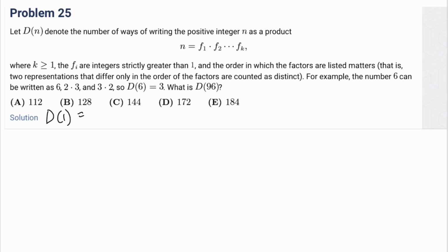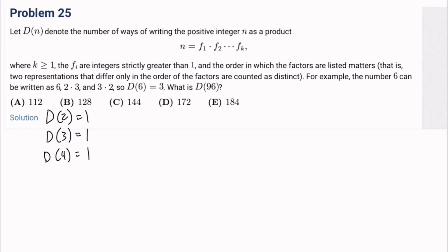D1 doesn't exist because fi has to be strictly greater than 1. So we'll start from D2. D2 is 1 because we just have 2. D3, we just have 1 because that's a prime number.